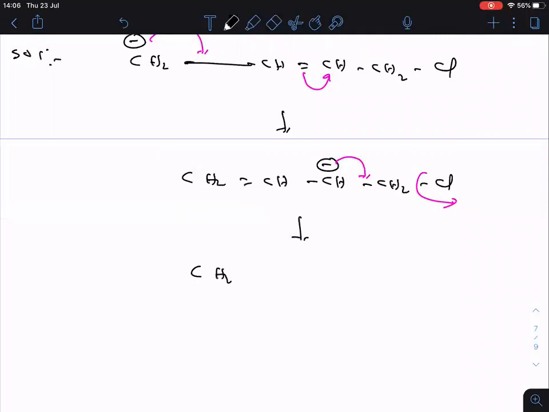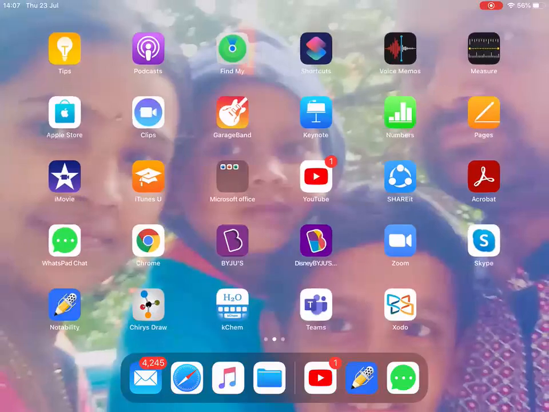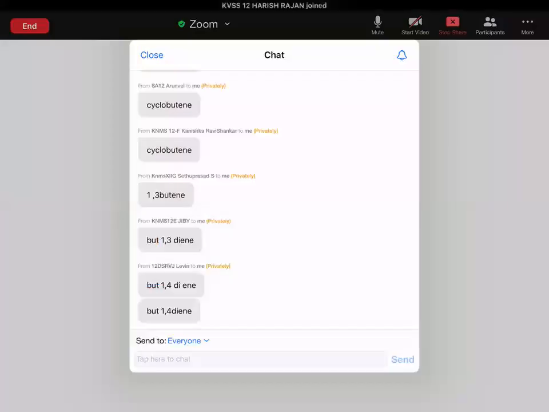Followed. So now what happened? CH2 double bonded CH, single bonded CH, double bonded CH2. So this is called 1,3-butadiene. Hope you guys got the answer here, everyone. Buta-1,4-diene, buta-1,4 will be there.